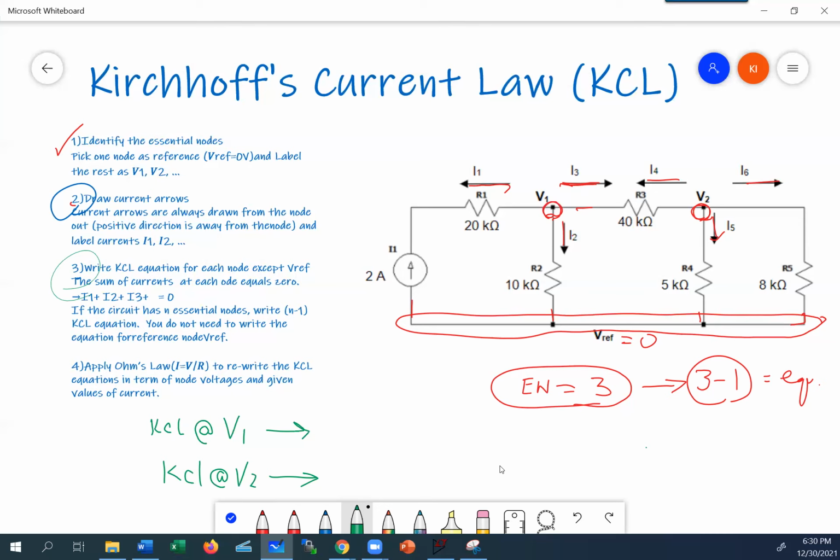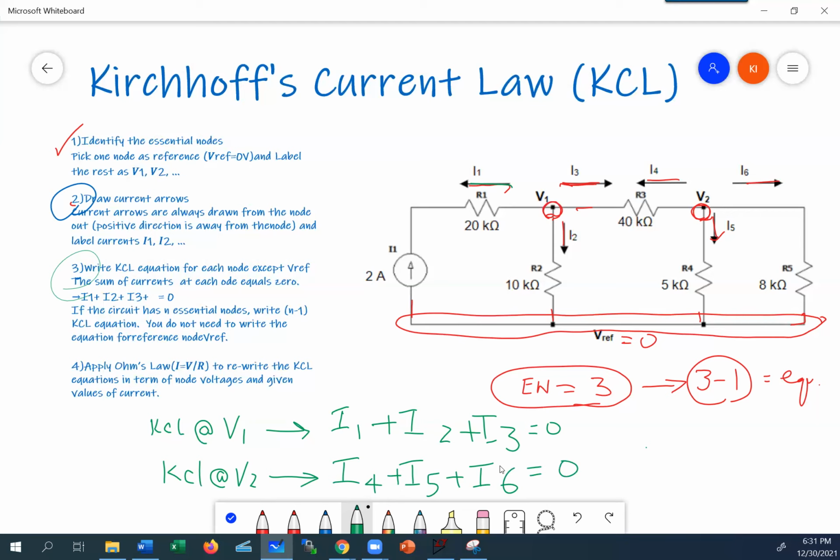So how many currents are leaving the node? We have I1 leaving, I2 leaving, and I3 leaving, and that is equal to 0. Then we go to the second one. I4, I5 and I6 are the 3 things there that are leaving, and they must be 0 as well.